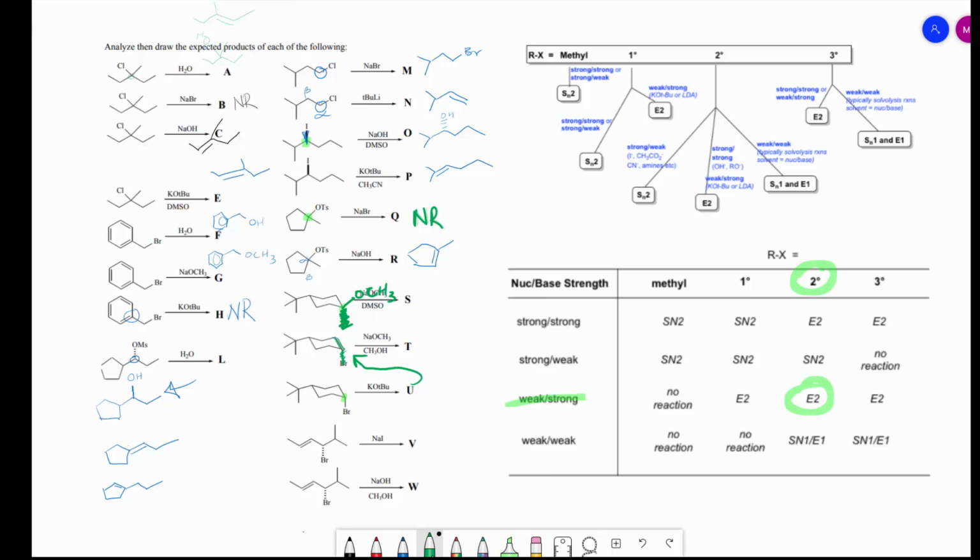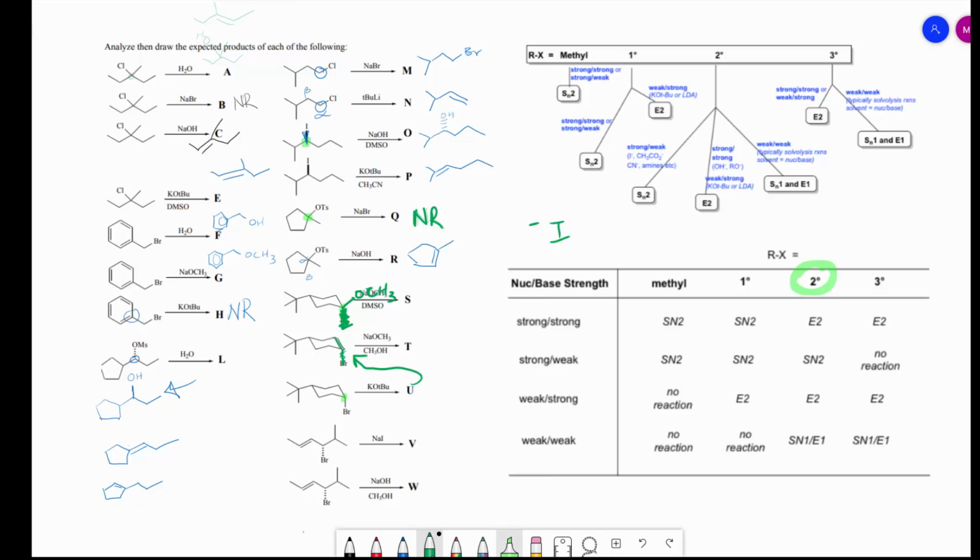And for V, this time it is a secondary alkyl halide, but it is an allylic alkyl halide. So that adds a little bit more stability, but it is still secondary. Now look at the nucleophile. We have sodium iodide. Remember that sodium is delivering an anion, so iodide is charged. This is a strong nucleophile.